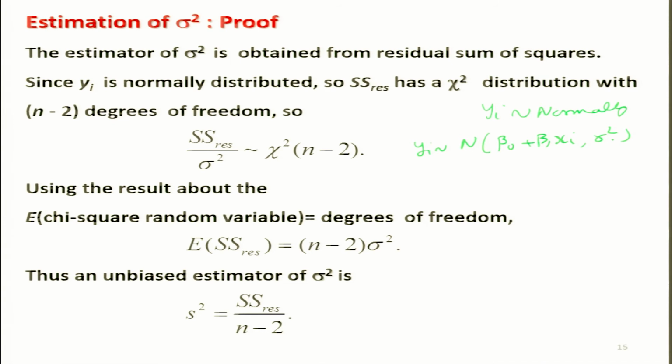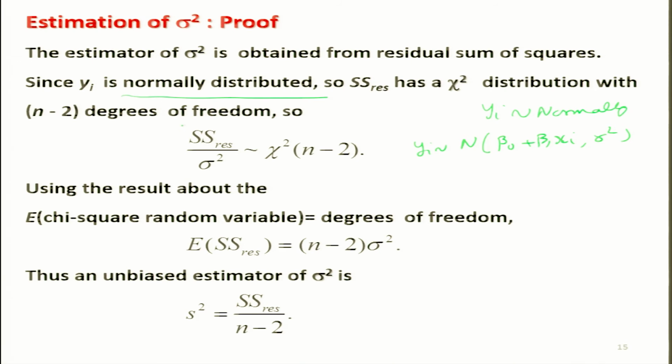I am now associating a distribution with yi, because if you want to use the property of chi-square, the random variable yi has to be normally distributed. So, assuming that yi is normally distributed, SS res has a chi-square distribution with n minus 2 degrees of freedom. Well, I am not giving you the proof here, because that is a part of statistics and we use it as a standard result.